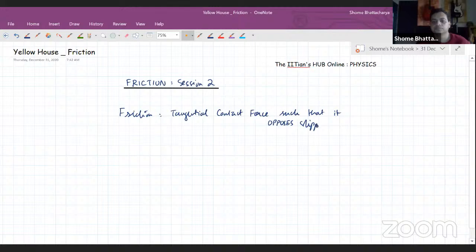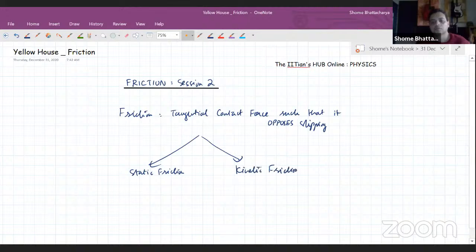Based on this, we had seen that there are two types of friction: static friction and kinetic friction, generally denoted by the symbol small f.